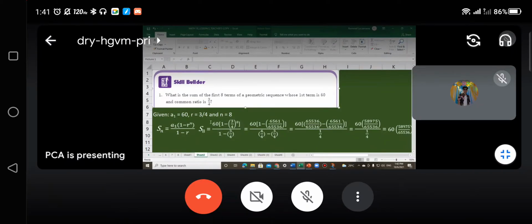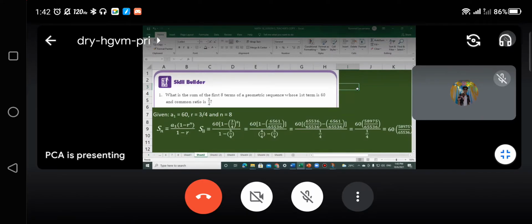60 is the first term. 1 minus the ratio 3/4, raised to 8, over 1 minus r. Okay, 3/4, you see the easy fraction. 3 raised to 8 is 6561. Calculator, please. Marunong na ba kayo mag-calculator niyan? Okay, for sum, ito yun.